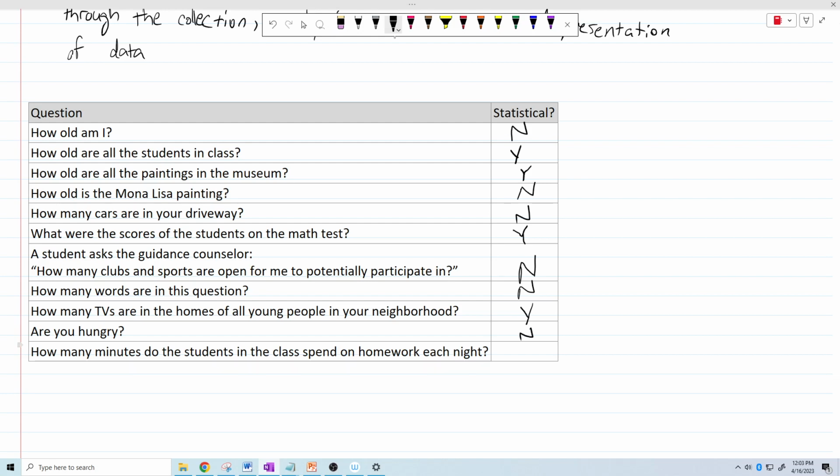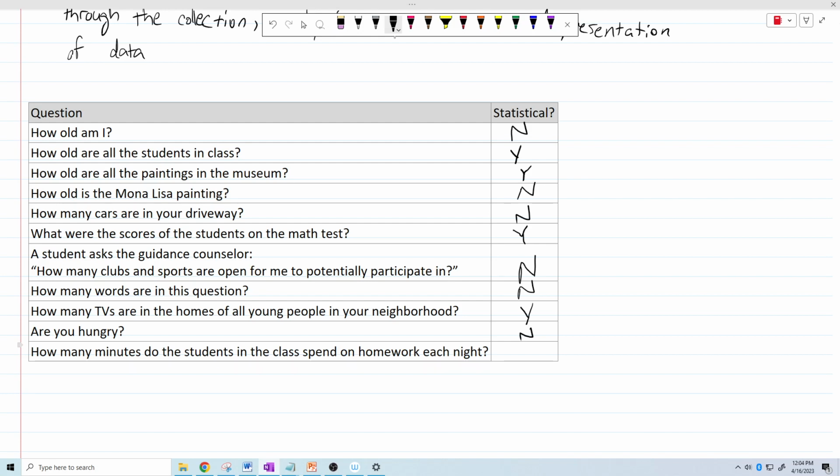How many minutes do the students in the class spend on homework each night? Oh, well, I would love for this not to be a statistical question. I would love to hear everyone say they spend hours, every waking minute on their math homework. I know that not to be reality, of course not, guys. You love your SpongeBobs and your Pokemons and your Barbies and all sorts of things.